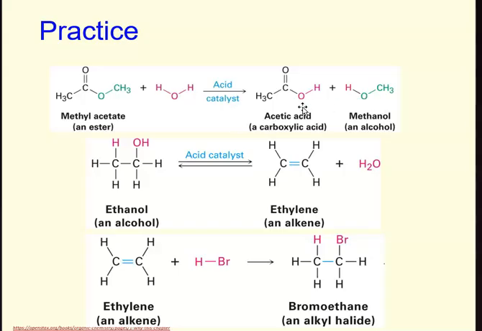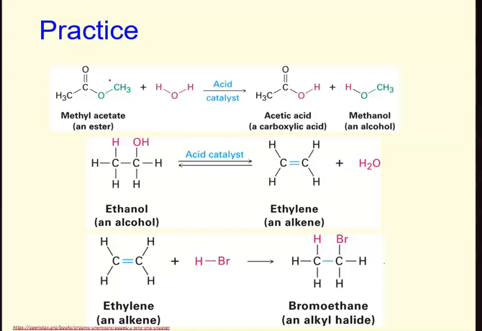So here, if you look at what has happened, the OCH3 part of the molecule is substituted by the OH part of water, right? So this definitely is going to be an example of a substitution reaction.